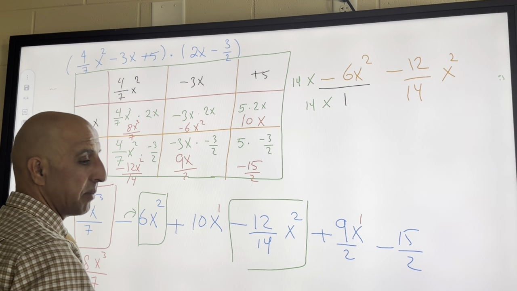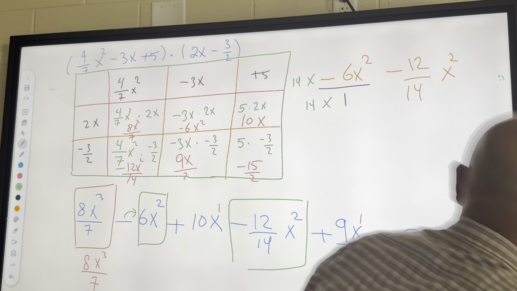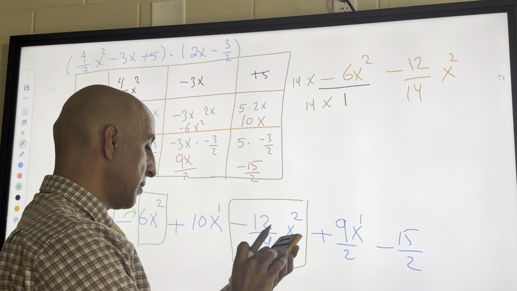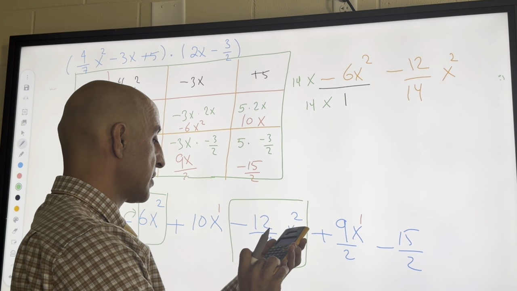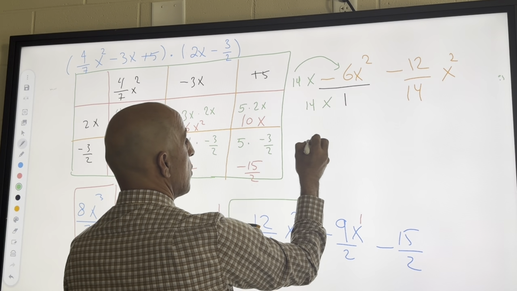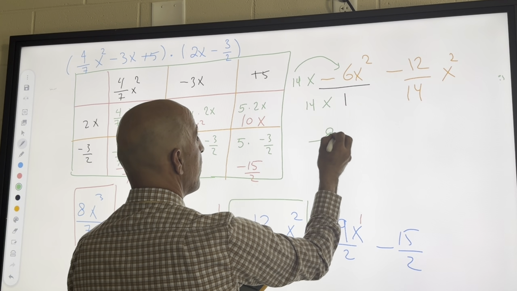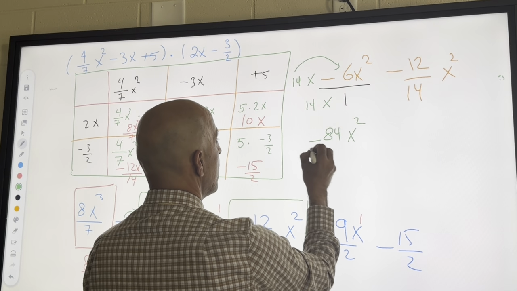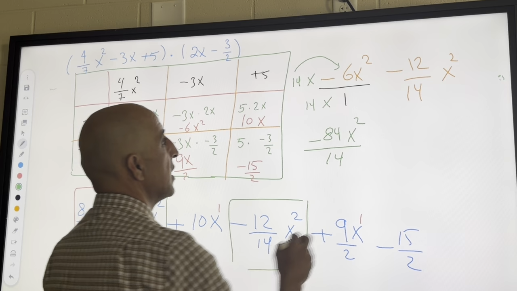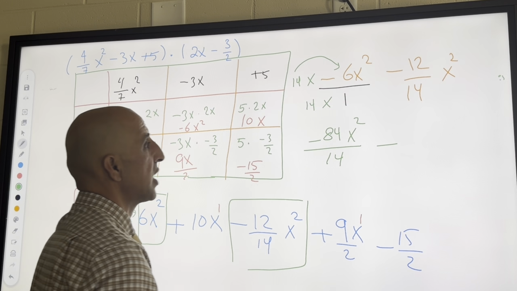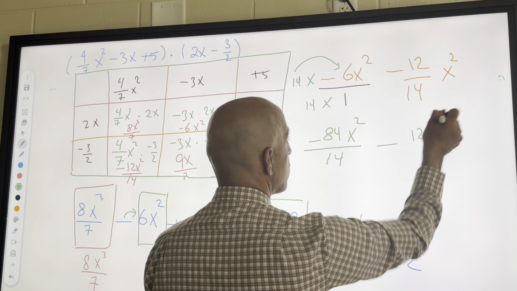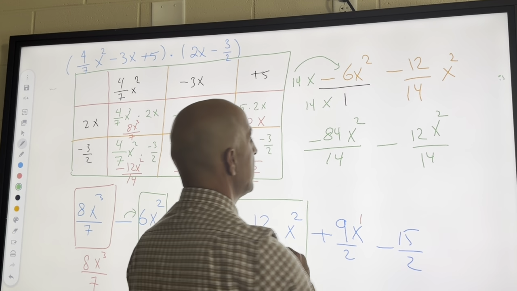Now, using the calculator, 14 times negative 6 is negative 84, so we have negative 84x to the power 2 over 14.